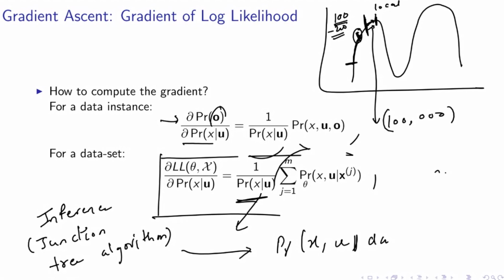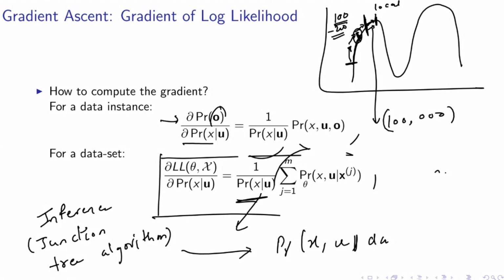So gradient ascent will typically be very slow when you start from a point which is far away from the optima. However, when it's near the optima, it's typically faster than EM.